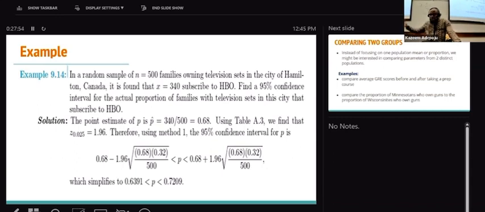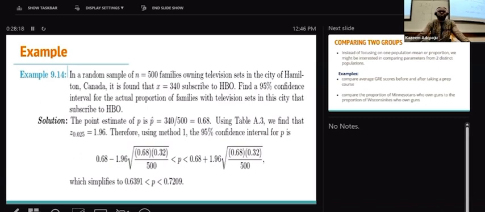In a random sample of 500 families owning television sets in the city of Hamilton, Canada, it was found that 340 subscribed to HBO. That's a proportion, because it is not everybody. Categories always exist in this world. We cannot reason the same way.